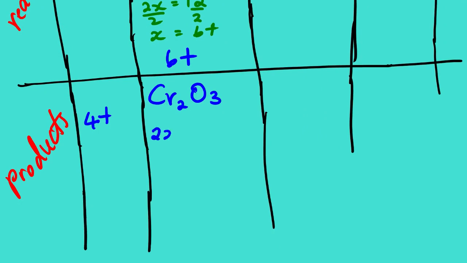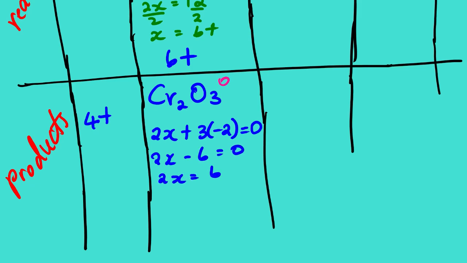So we have 2x plus 3 equals the overall oxidation number of this molecule. We can see it's 0, so we're simply going to put 0 here. Then let us take it step by step: 2x plus negative 6 equals 0, 2x equals 6, divide both sides by 2, x equals 3. So the oxidation number of chromium is 3 plus.